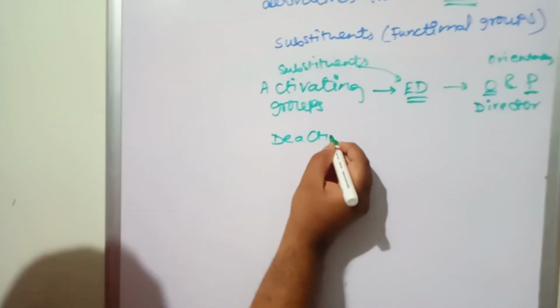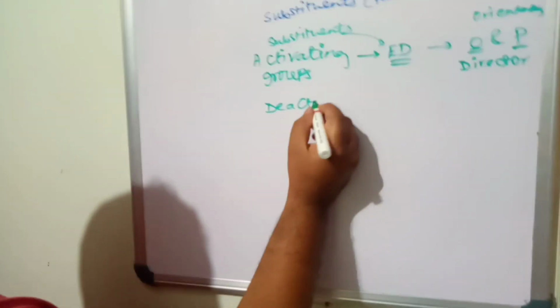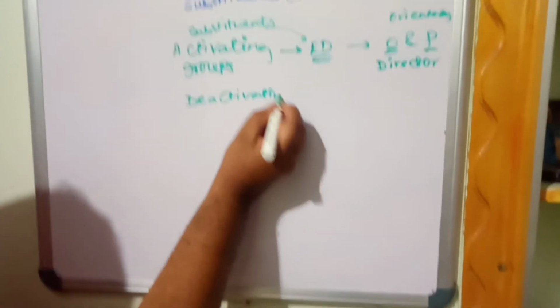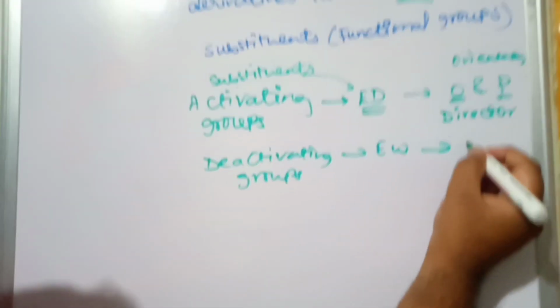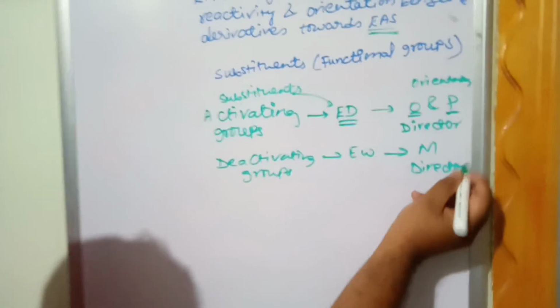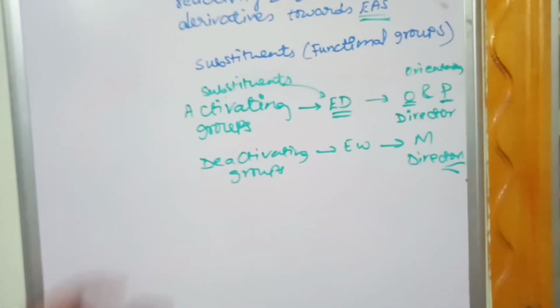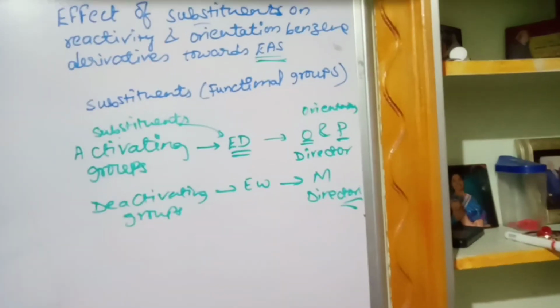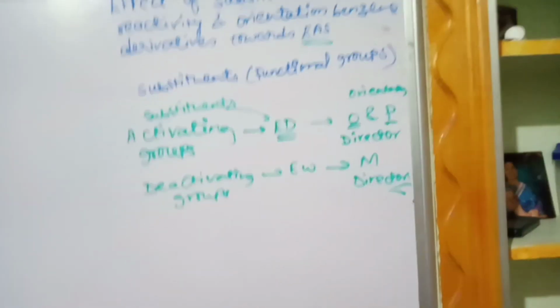Now deactivating groups. Deactivating groups are electron withdrawing groups. They are only meta directors, meaning they orient towards the meta position. If deactivating groups are there, the electrophile will attack on the meta position only. Just remember the orientation.